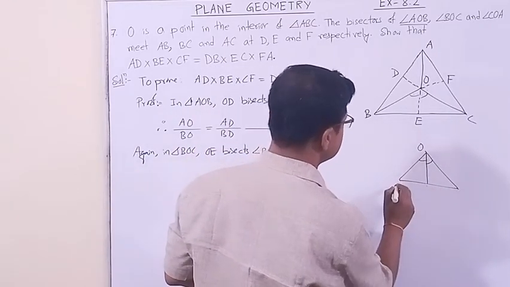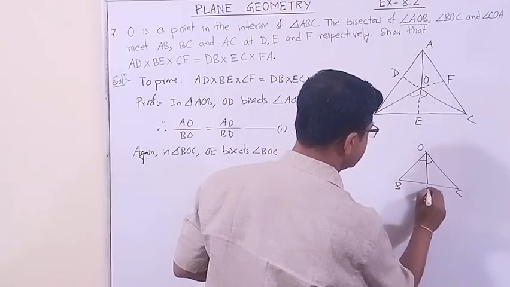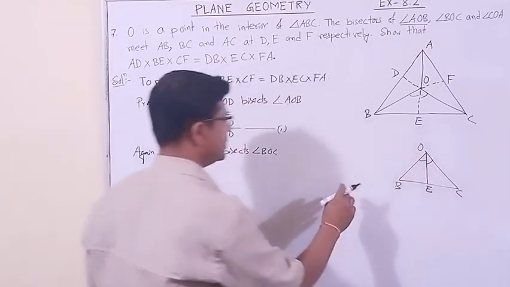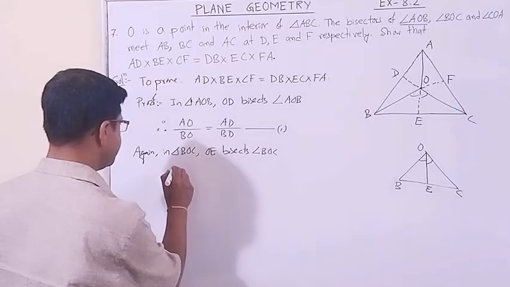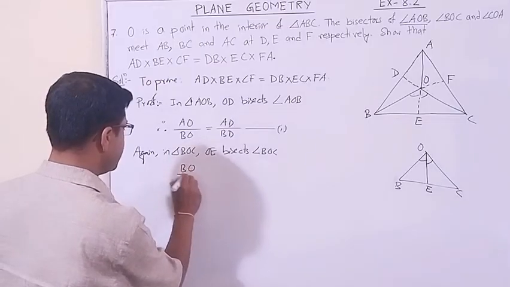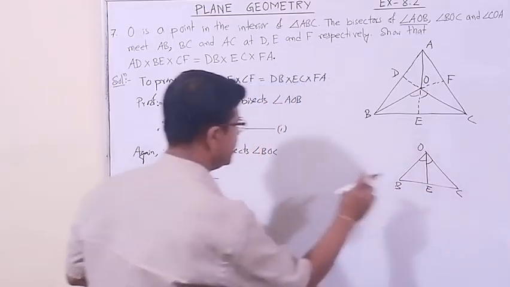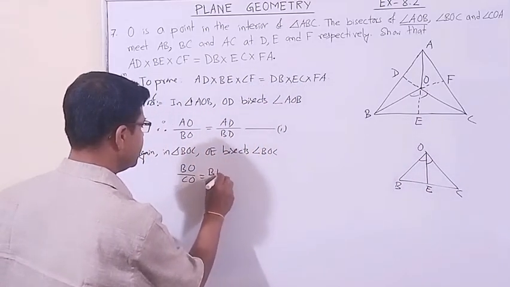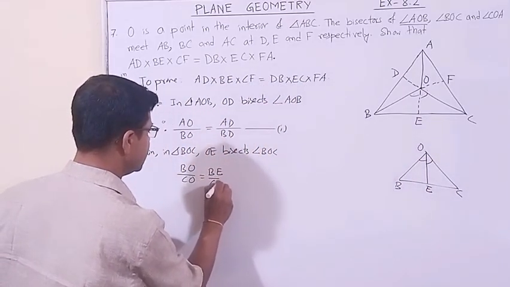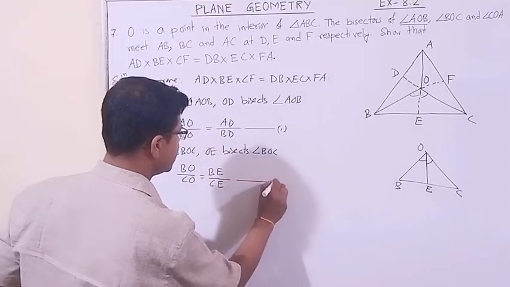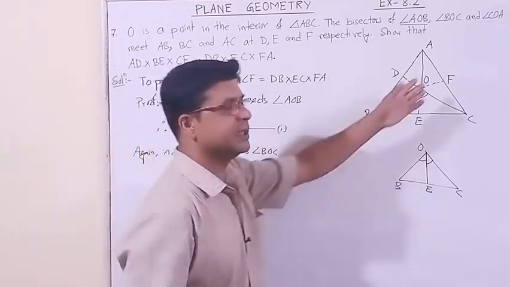So here it is BC and it is E. So let us write BO by CO is equal to BE by CE. Correct? Equation 2. Now one more triangle is left, isn't it?